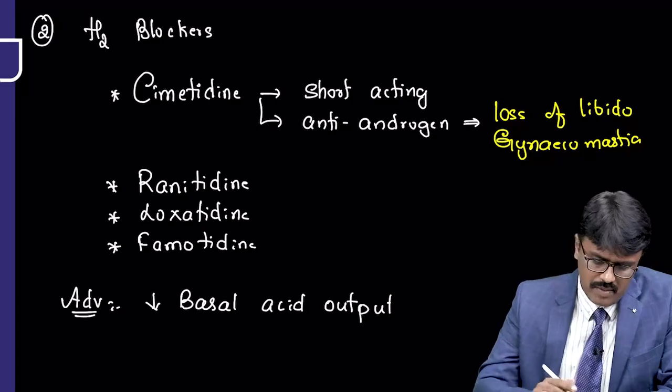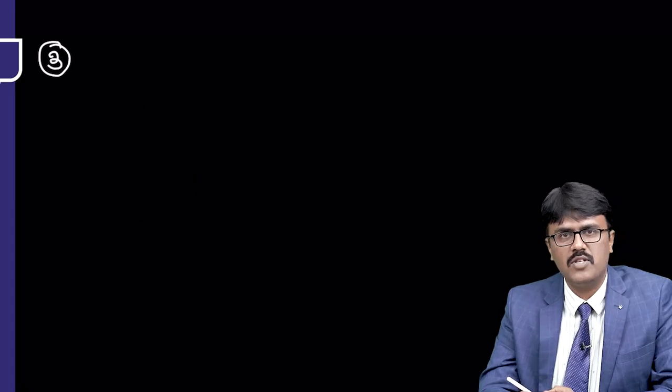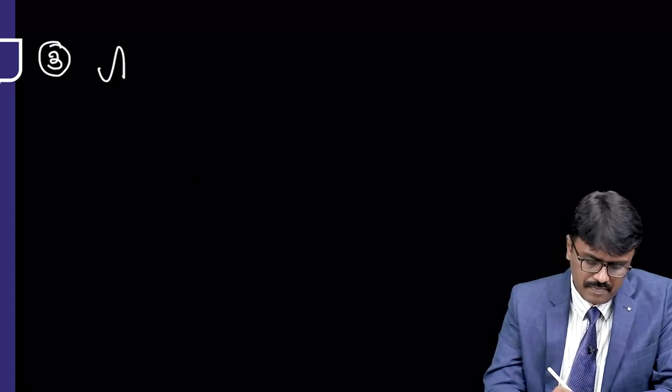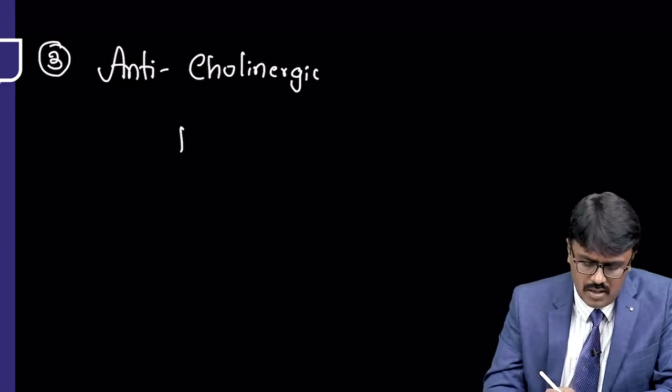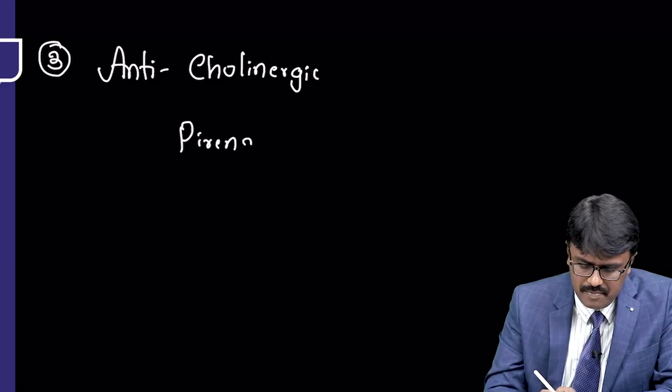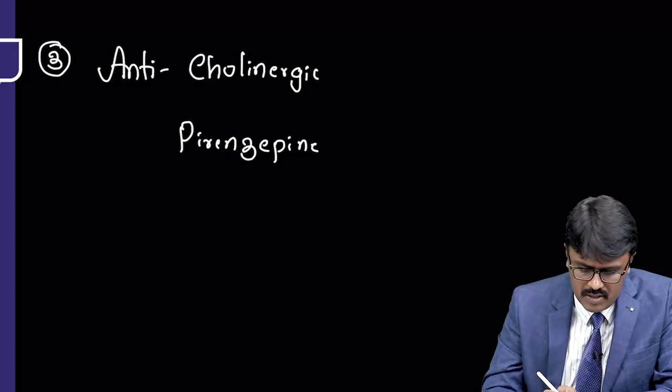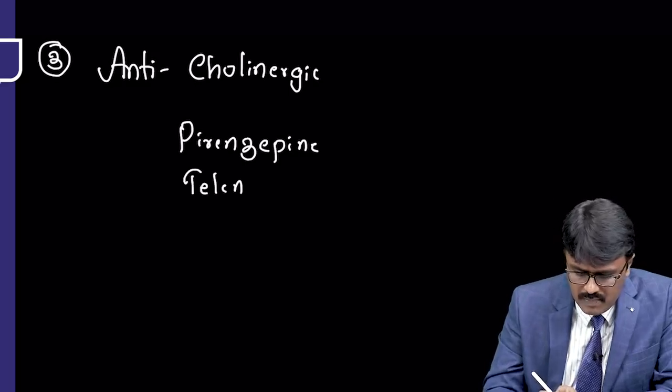Now moving on to the third important target, blocking the muscarinic receptor. They are also called anticholinergic drugs. The anticholinergic drugs that are used are pirenzepine, and one more drug is called telenzepine.